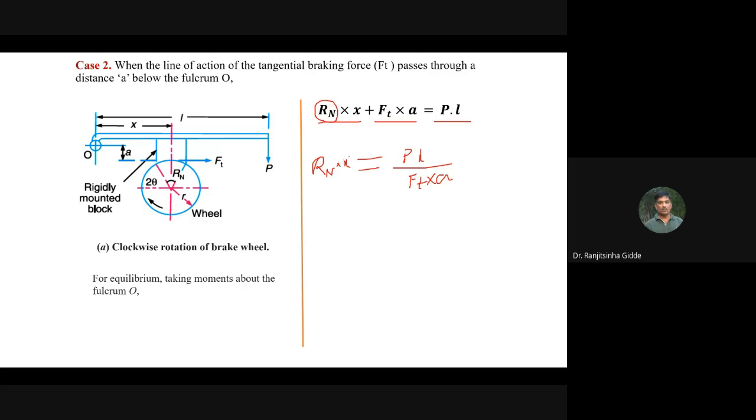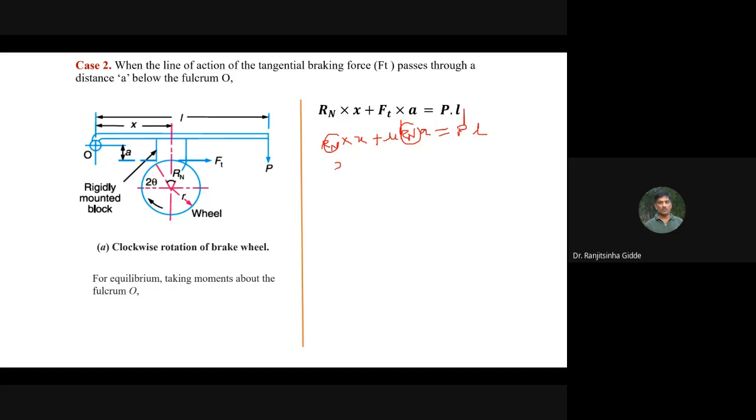We can write Ft as mu Rn. So we can write like this: Rn into X plus mu Rn into A is equal to P into L. This Rn you can take common.